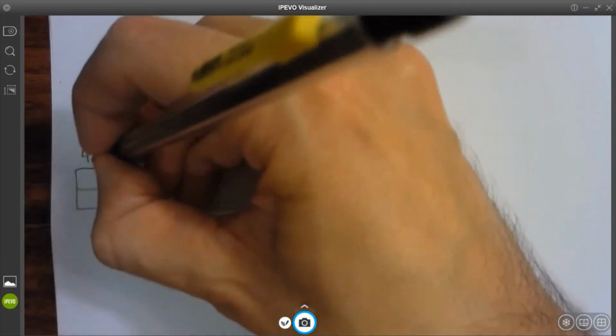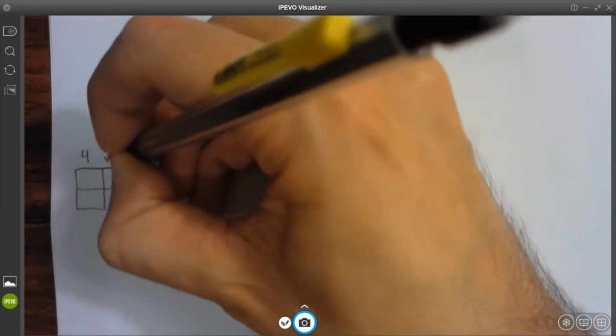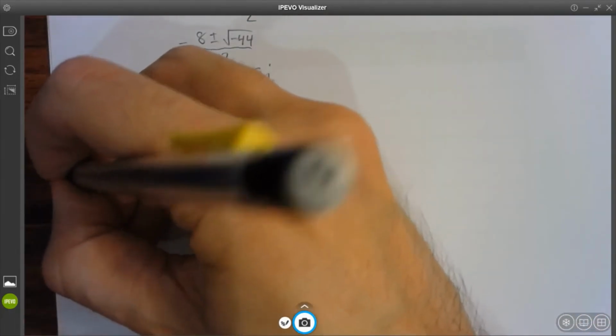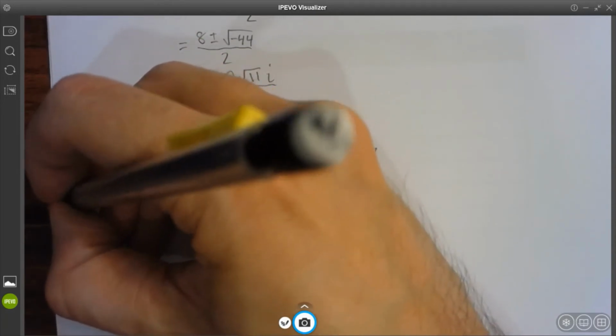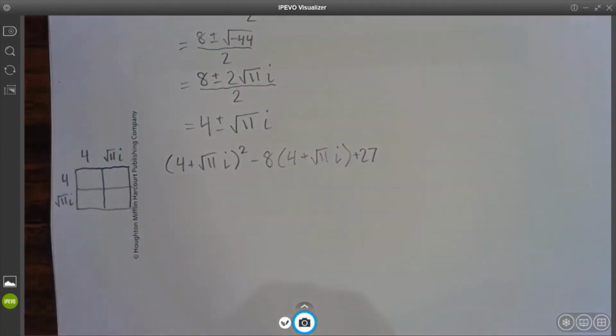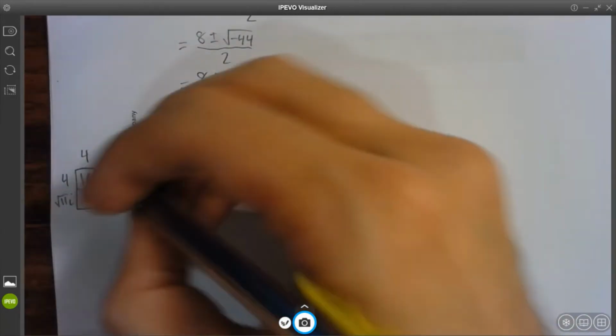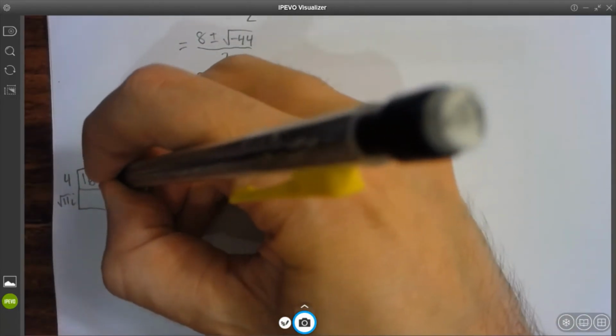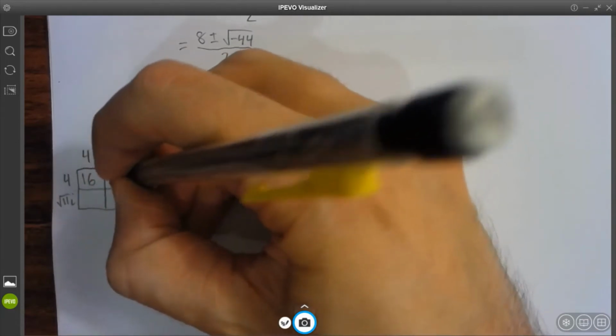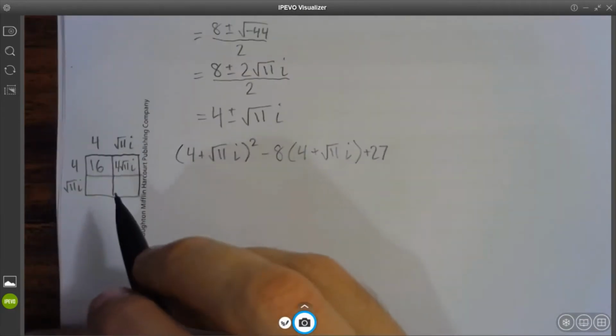Okay, 4 and root 11i. 4 and root 11i. 4 times 4 is 16. Root 11i times 4 is, well, 4 root 11i. Oh gosh, I have to write so small here. Sorry if it's difficult to read.